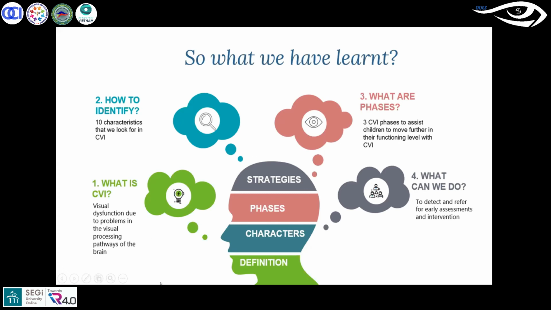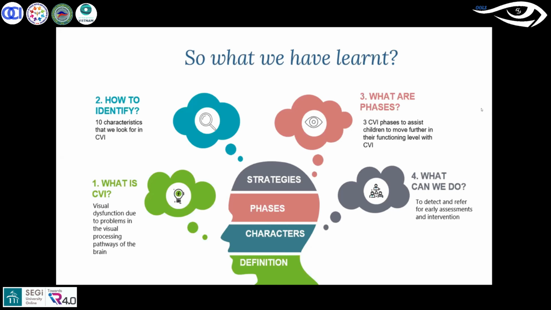It is from the 10 characteristics, which you must know and cannot miss in order to classify CVI. And what else did we learn tonight? The phases. Briefly, like I said, I couldn't explain them one by one.